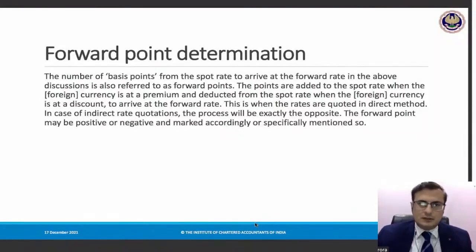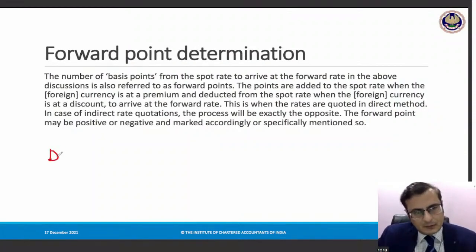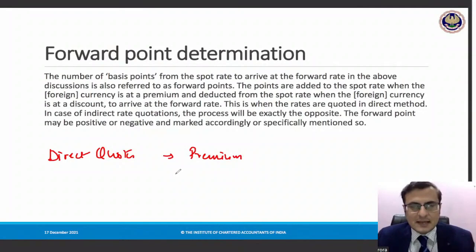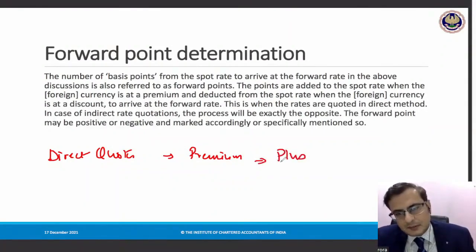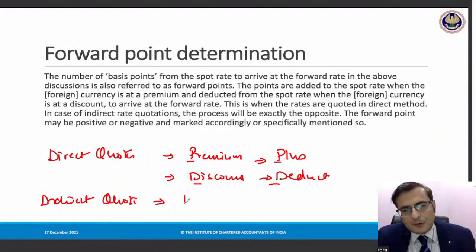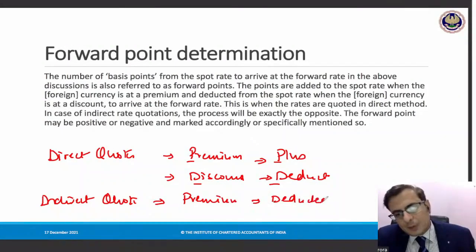The forward point determination says that if the quotes are direct quotes, then premium, if it is given in terms of foreign currency, Singapore dollars in our case, you need to add them, P for P, and if it's a discount, then you have to deduct that, D for D. But if it's an indirect quote, opposite: premium needs to be deducted. Pure mathematics, no logic.